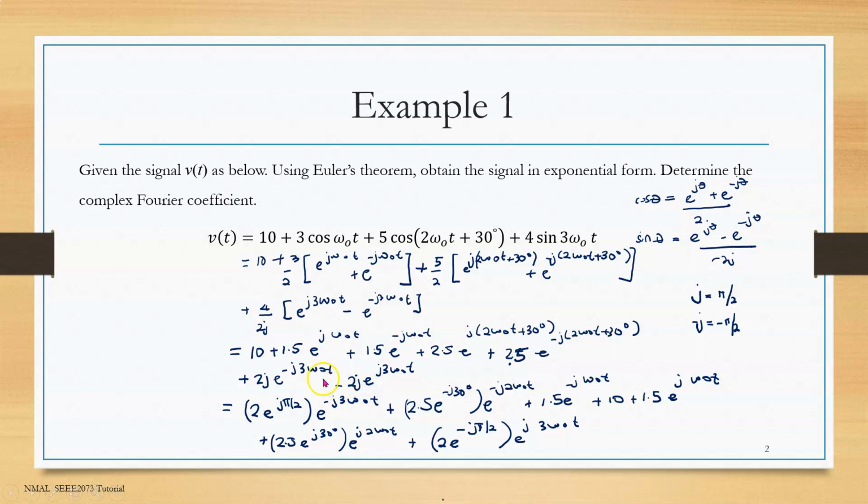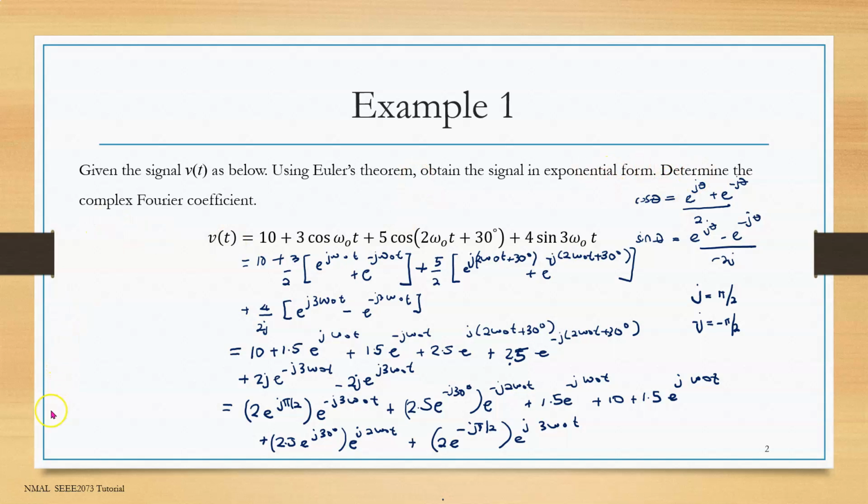You notice that this is negative, so we put negative j here as negative pi over 2. So in terms of exponent, it becomes e^(-j pi over 2). So this is the equation in exponential form. You have now answered the first question.